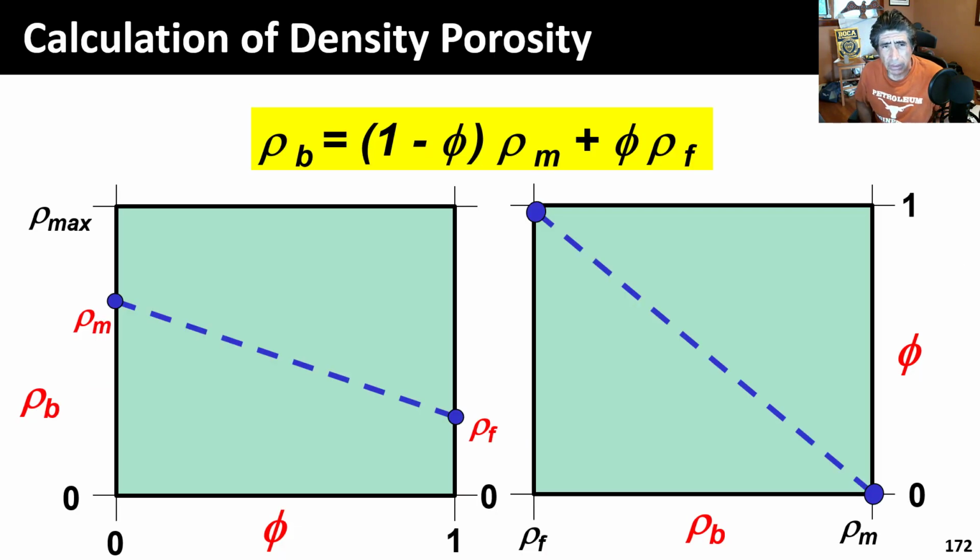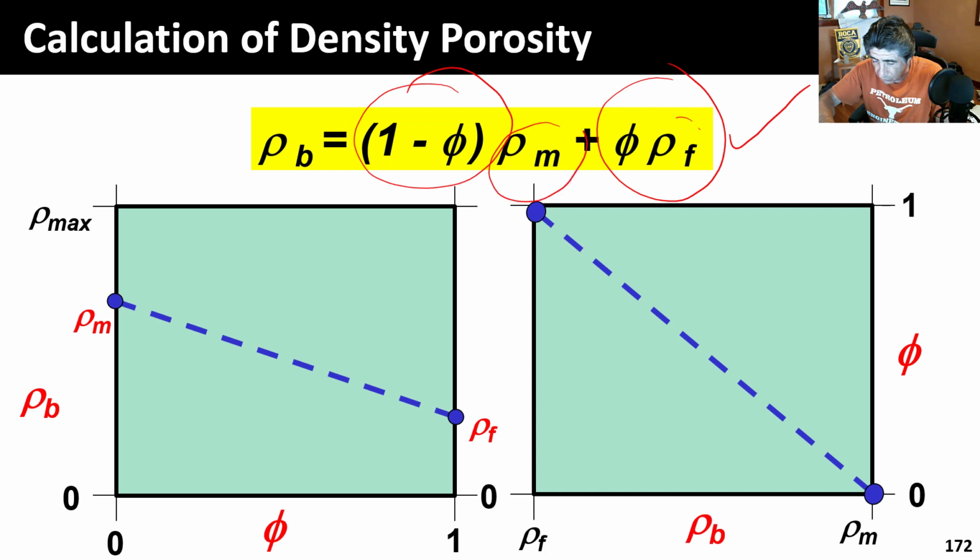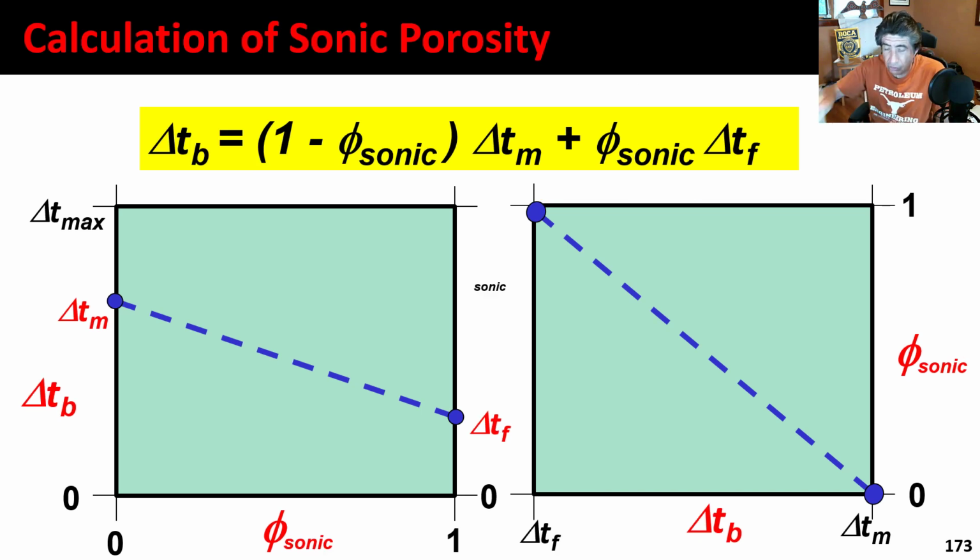Okay, just to remind you, the porosity of a rock is calculated from the density. We have this volumetric material balance partition that gives us porosity as long as we know the density of the fluid, the density of the matrix, and we measure the density of the rock. Similarly, for sonic porosity, we have the same partitioning system.